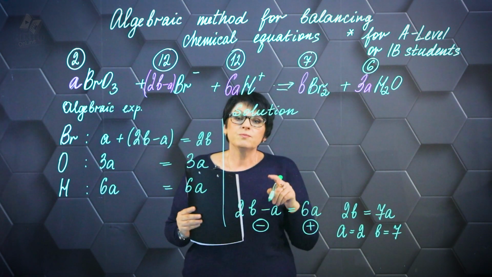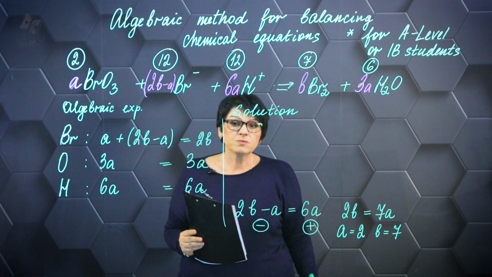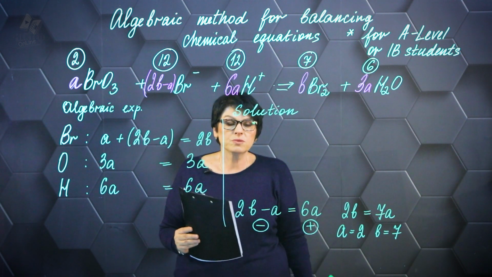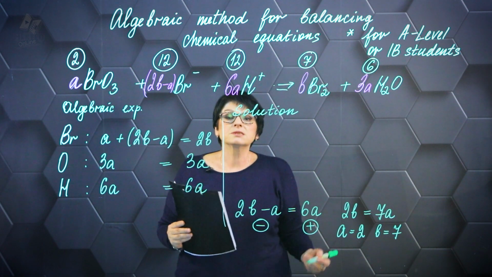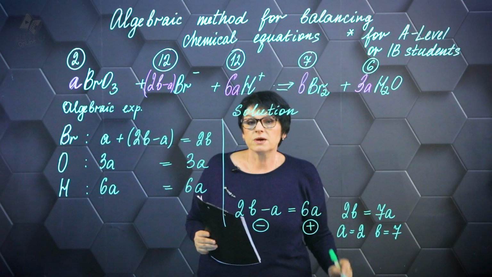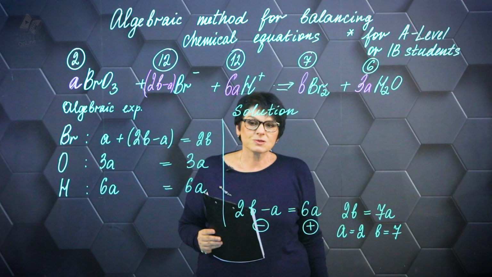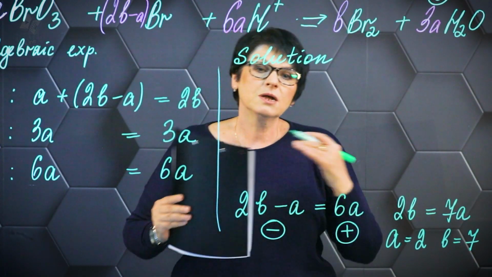But the example is interesting because we had to use the rule of keeping the total charge. It turns out that what must be 0 on the left must be 0 on the right. So the example is quite curious in this respect because we have applied both the algebraic method and the method of equality of charges here.